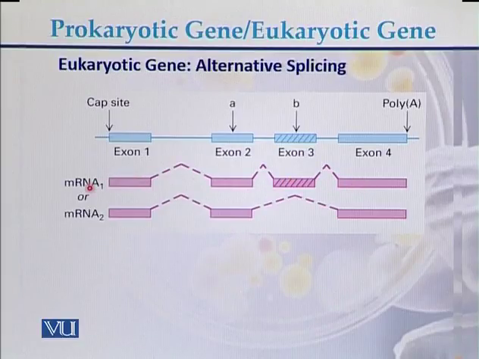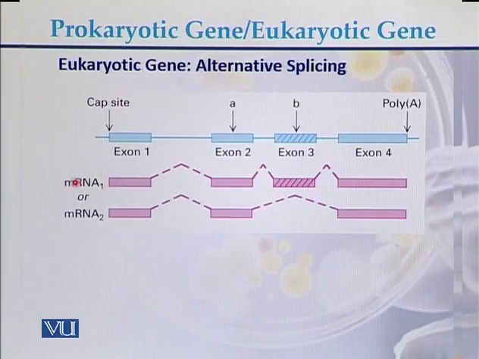So this is the first messenger RNA that can be produced from the gene. Another messenger RNA can also be produced from the same gene that consists of exon 1, exon 2 and exon 4. There will be no exon 3.